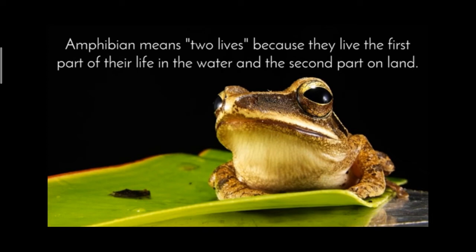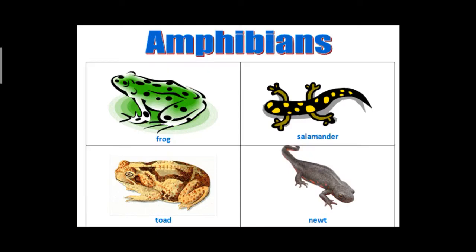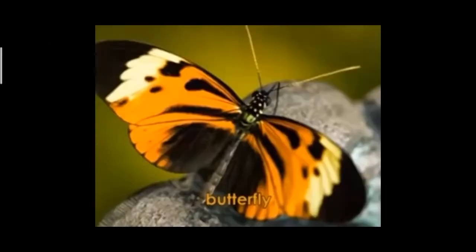So frogs are called amphibians. These are amphibians, which means these animals can live in the water and on the land: frog, salamander, toad and newt.